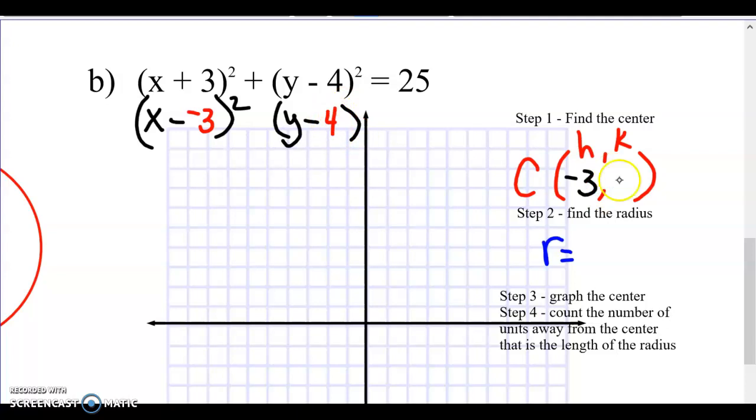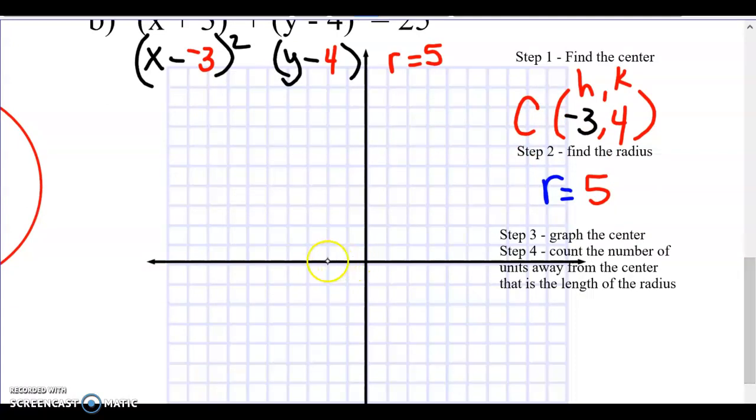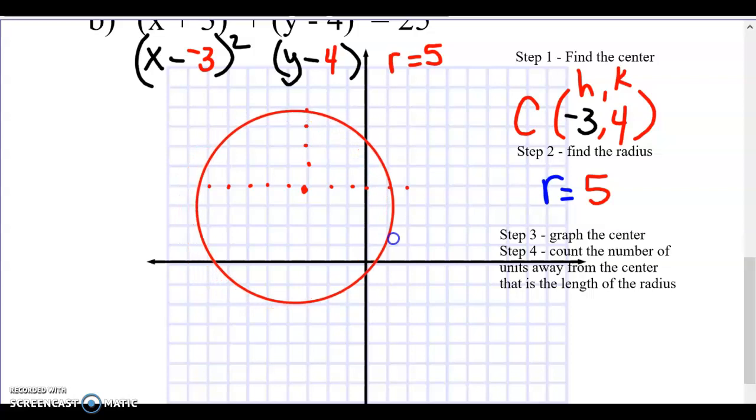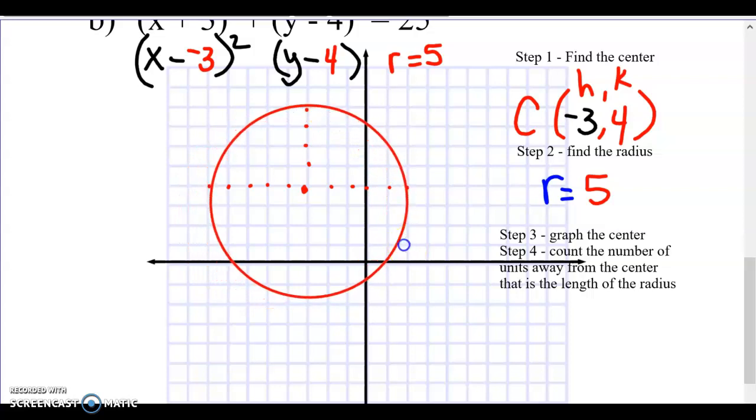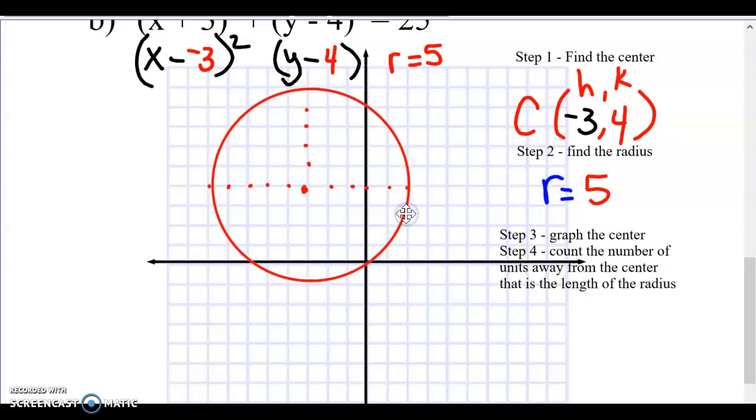And if 25 is the radius squared, well then the radius would have to be 5 because 5 squared is 25. All right, and then again we would plot it. So left 3, up 4, radius is 5, so we go up 5, over 5, and so on. And then I can bring in my circle. Oops, I think I'm off by one up here. There we go. Okay.